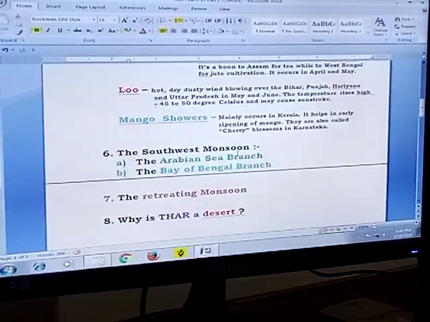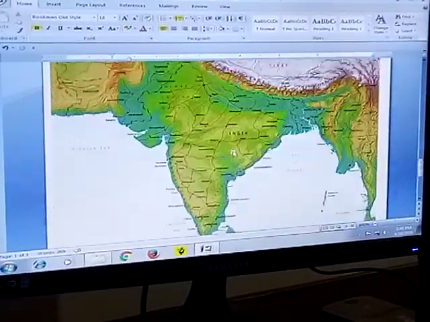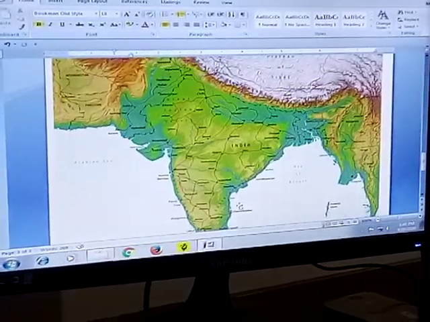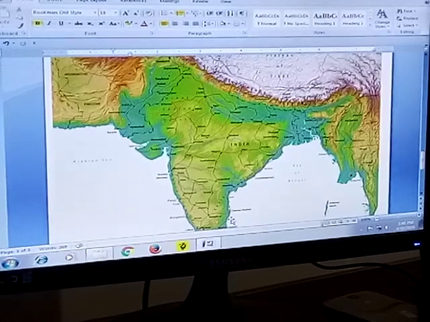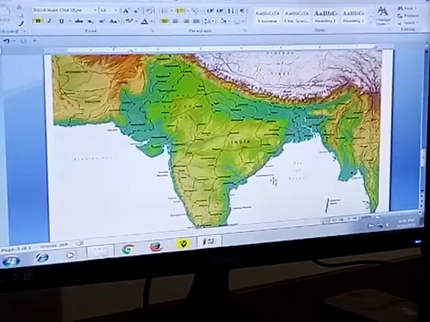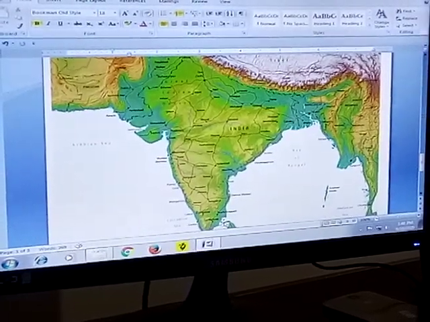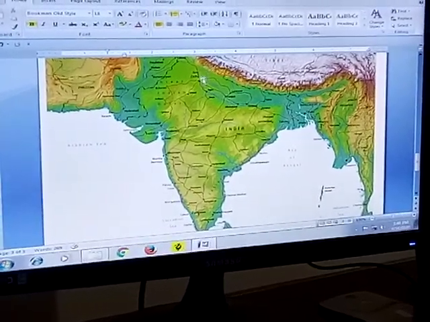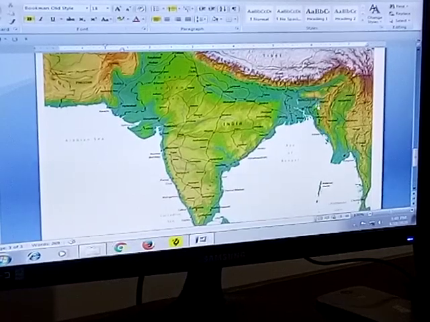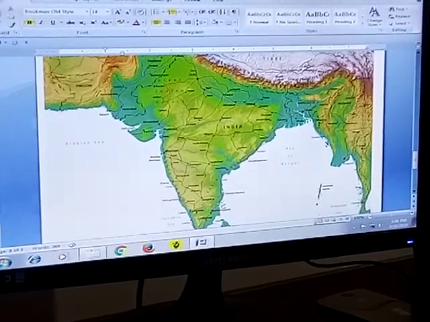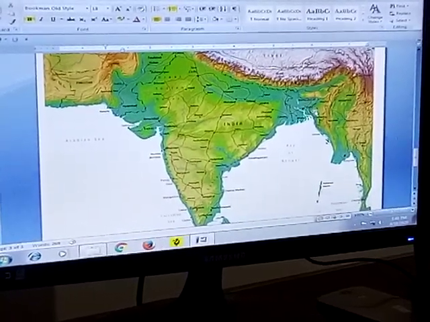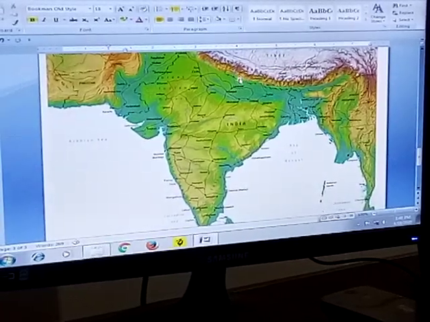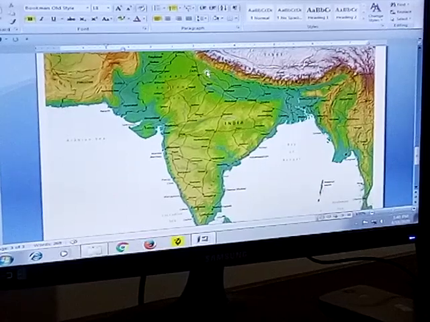Remember, during this retreating monsoon, the Arabian branch is gone, and there will be only the Bay of Bengal branch. The Bay of Bengal branch monsoon wind will come this way, and because of the presence of the Himalaya, the monsoon wind hits here and gets diverted towards the northwest.